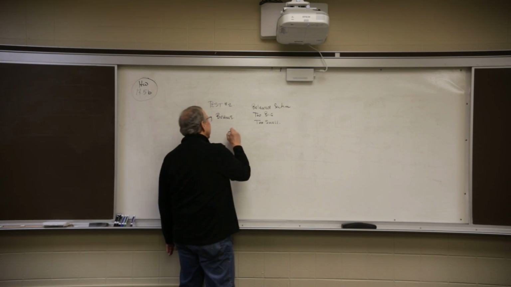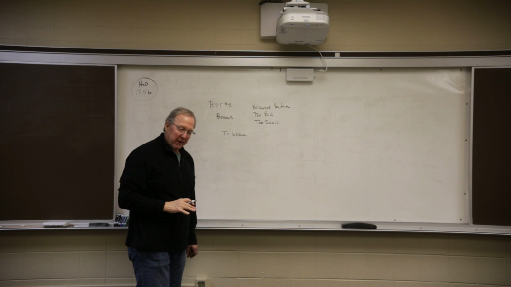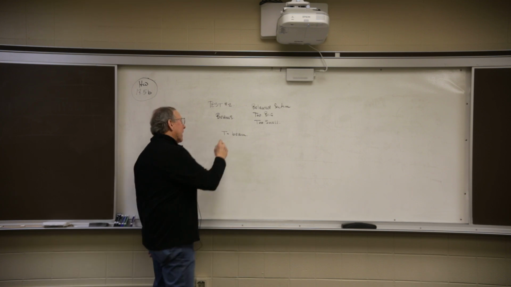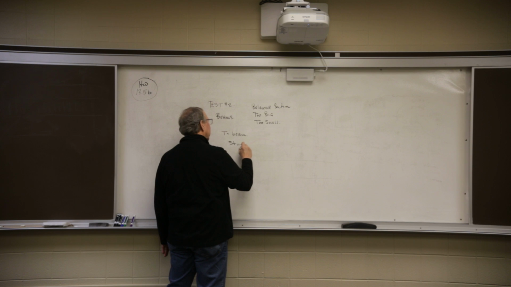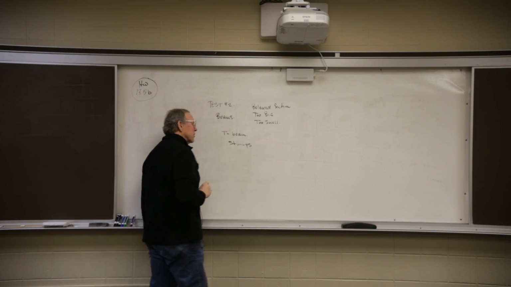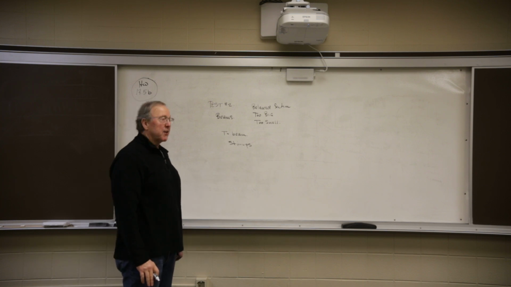We've got the T-beam, which uses the beam itself and part of the slab to make the T. And we've got the last one, which is the first lecture of the series since we've been off, which is stirrups. So those are the topics that are going to be on the test.